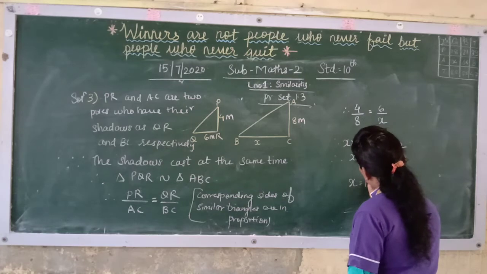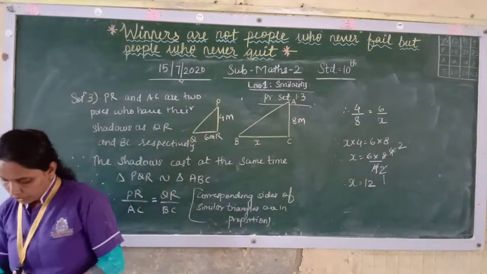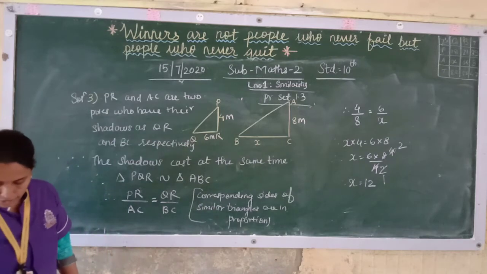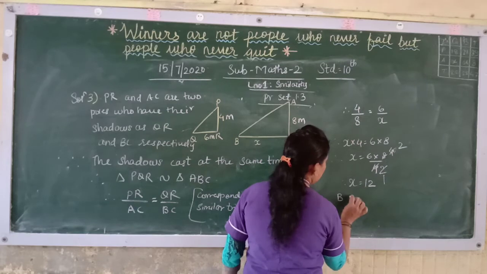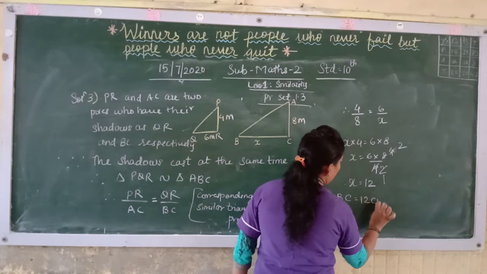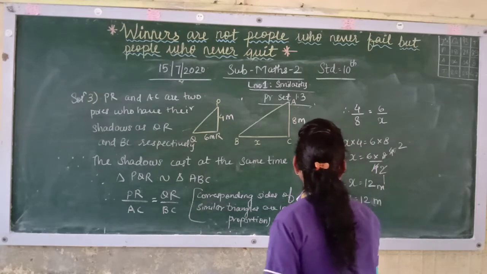So X is how much? 12. So the bigger pole's shadow will come to 12. And what is X? BC. So BC is equal to 12 meters. Sorry, this is in meters.